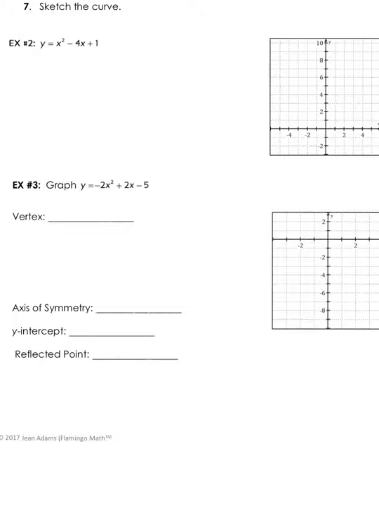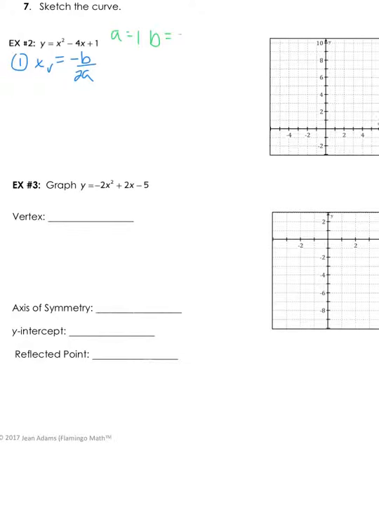So first things first, I need to find my vertex. So number 1, vertex. The x value of the vertex is equal to the opposite of b over 2a. So I'm going to list out a, b, and c. A is equal to the coefficient of the x squared term, which is 1.